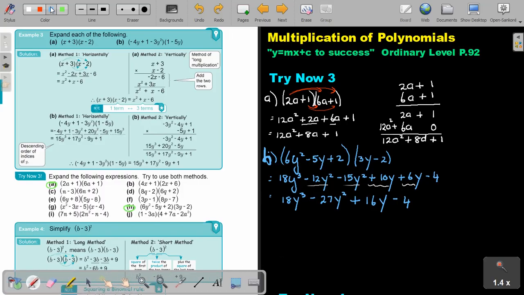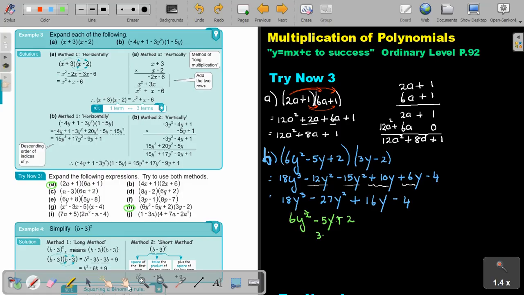So on the other method, I'm going to use another color. So it's going to be 6y squared minus 5y plus 2. And this is going to be 3y.